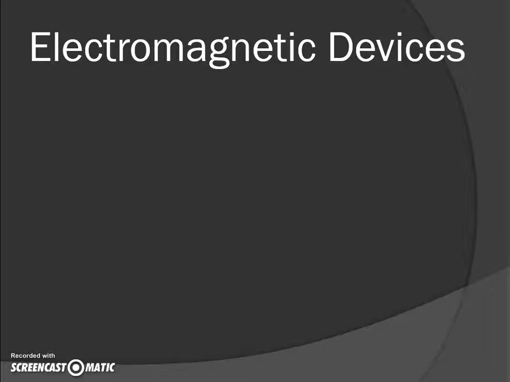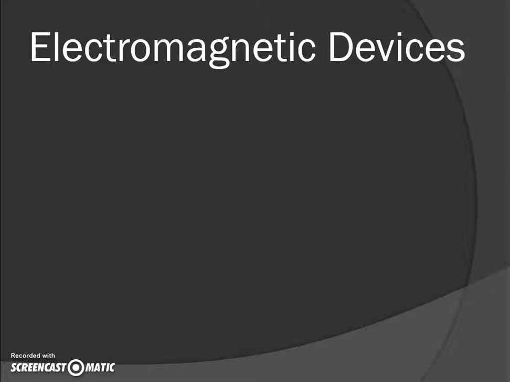Now, we have a lot of different devices that are electromagnetic. Electromagnetic devices are usually known as solenoids, S-O-L-E-N-O-I-D-S. So if you see that in your final exam, for example, it's just talking about something that's electromagnetic.